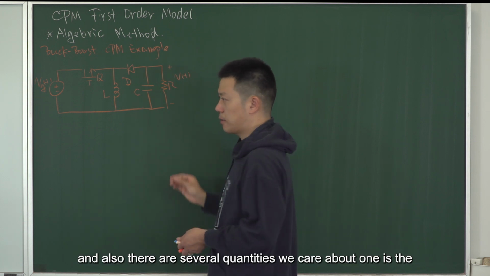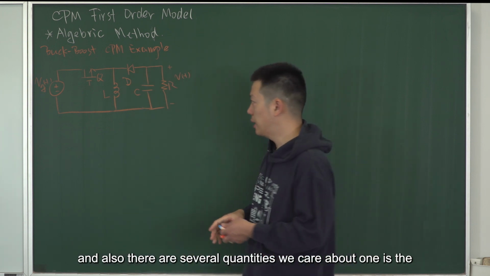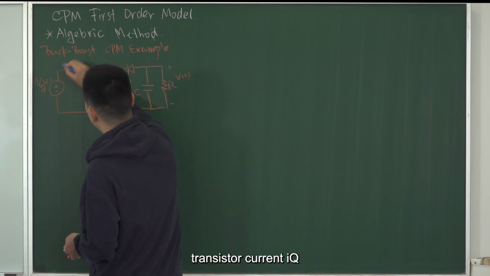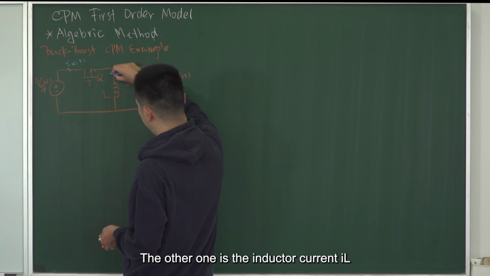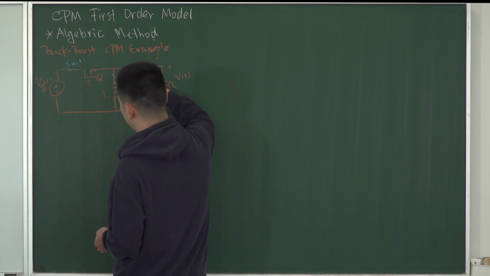And also there are several quantities we care about, right? One is the transistor current, IQ(t). The other one is the inductor current, IL(t).